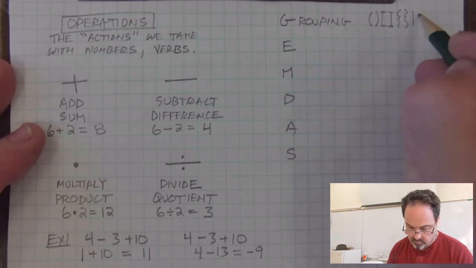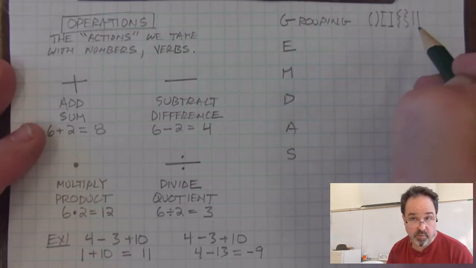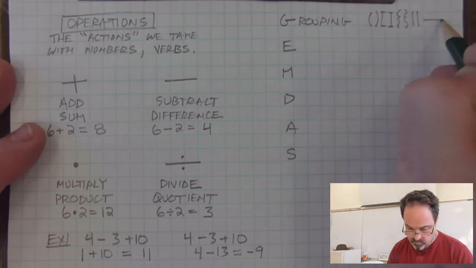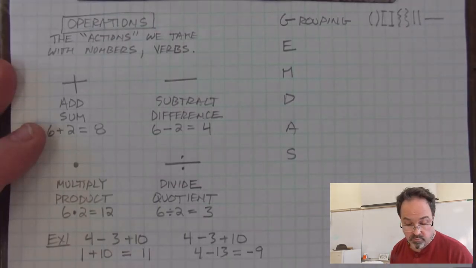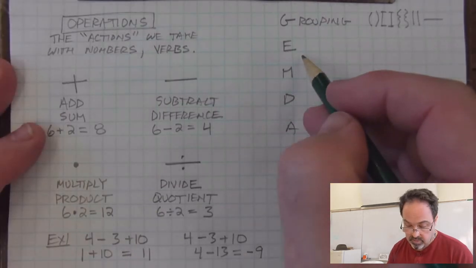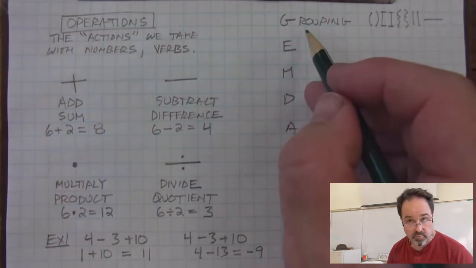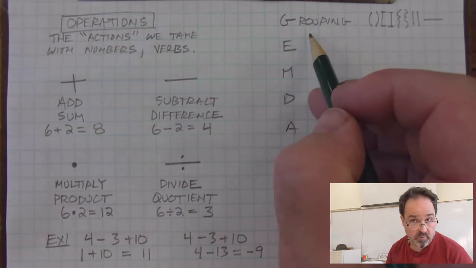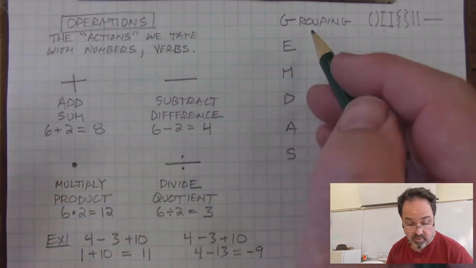Grouping symbols could also be what we'll later review or learn are the absolute value bars, and the division bar is also a grouping symbol. We do grouping symbols first. We look to see if our problem has grouping symbols and resolve what's inside first.